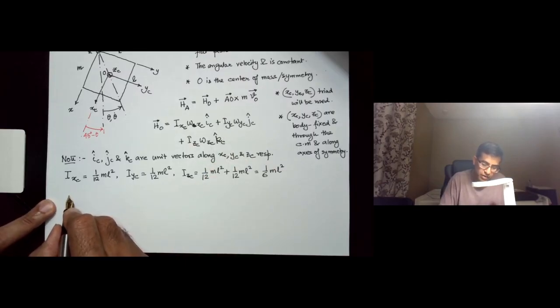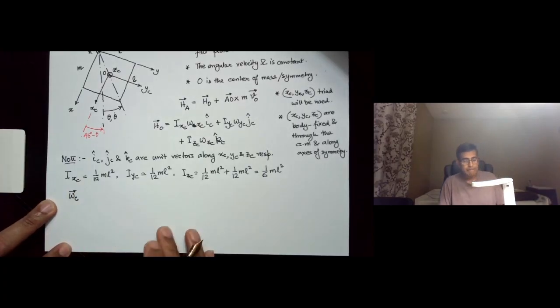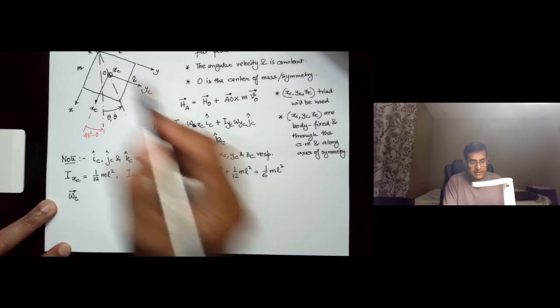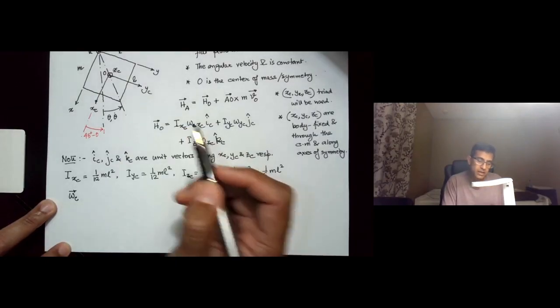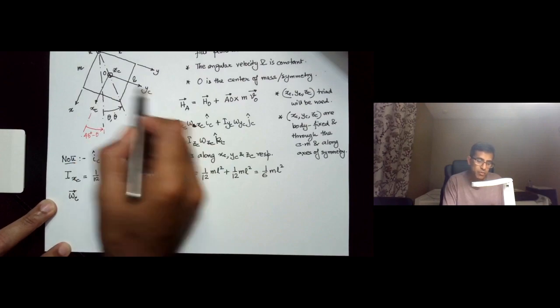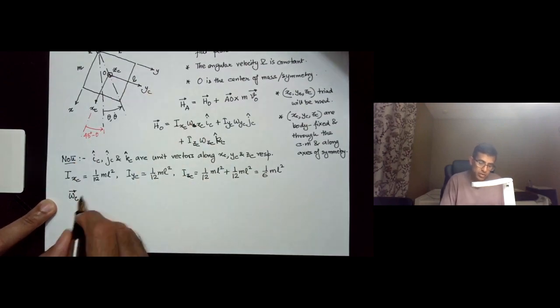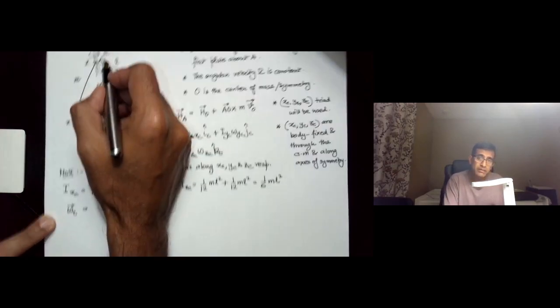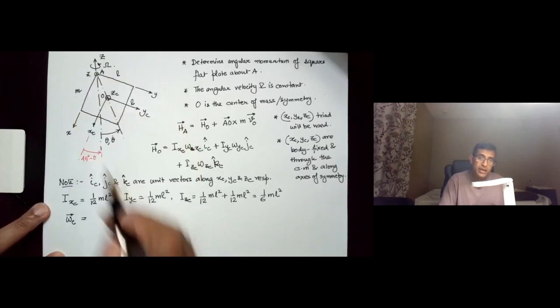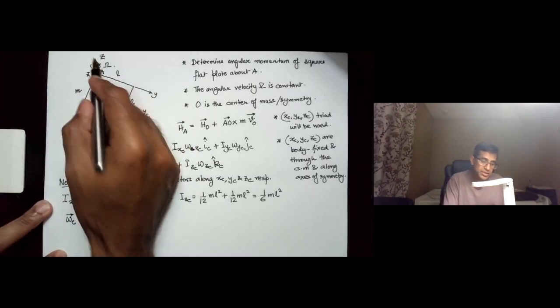Next we go to the angular velocity, and our goal is to find the angular velocity of this disk, and we are going to express it using this triad xc, yc, zc. So first we note that this angular velocity, omega, is in the inertial k direction.